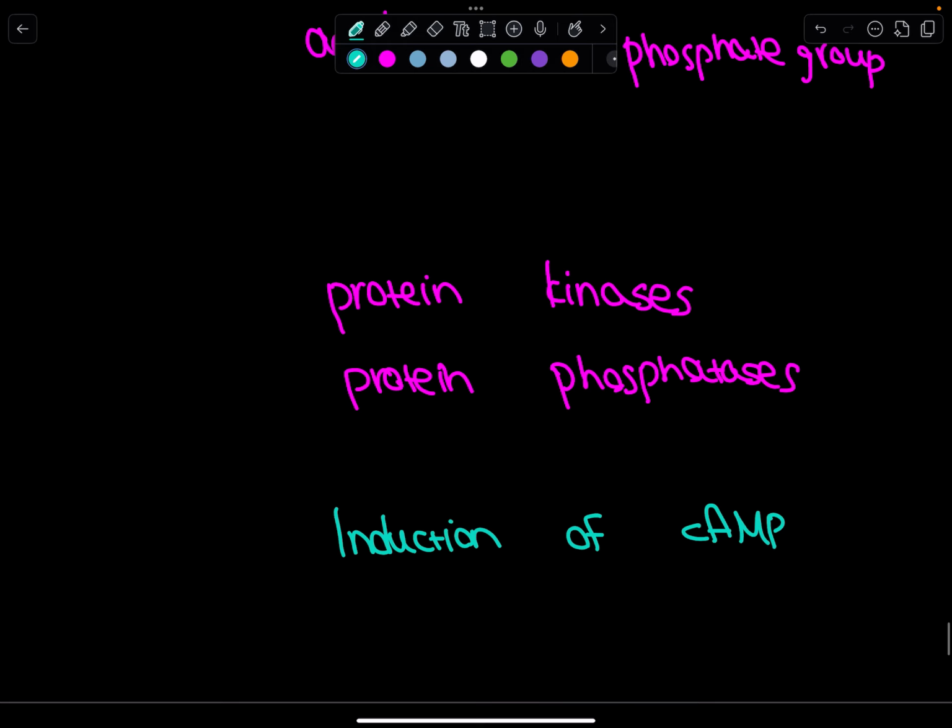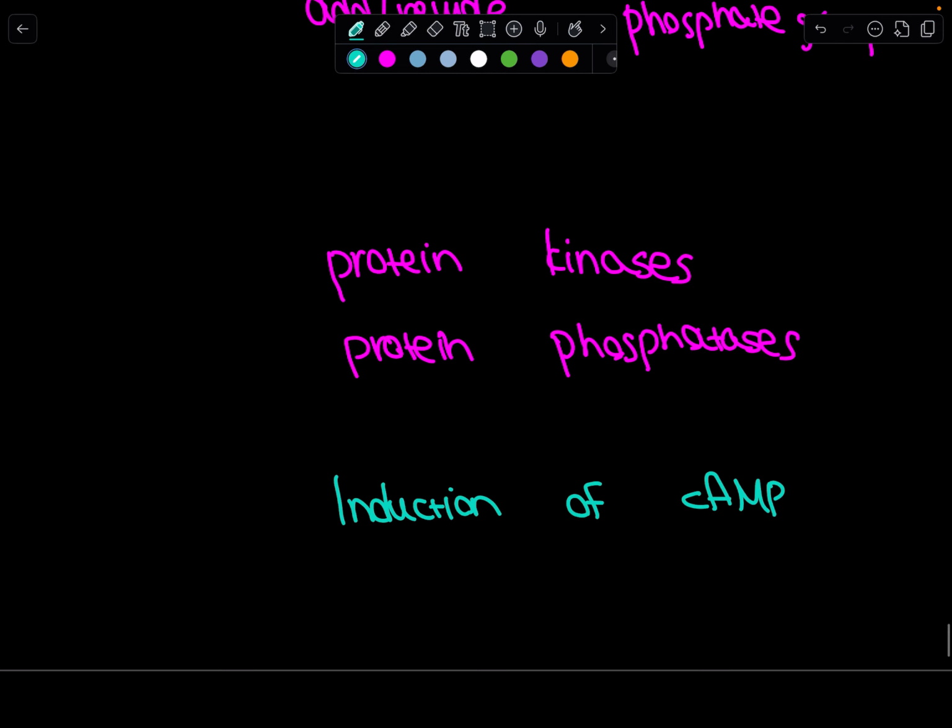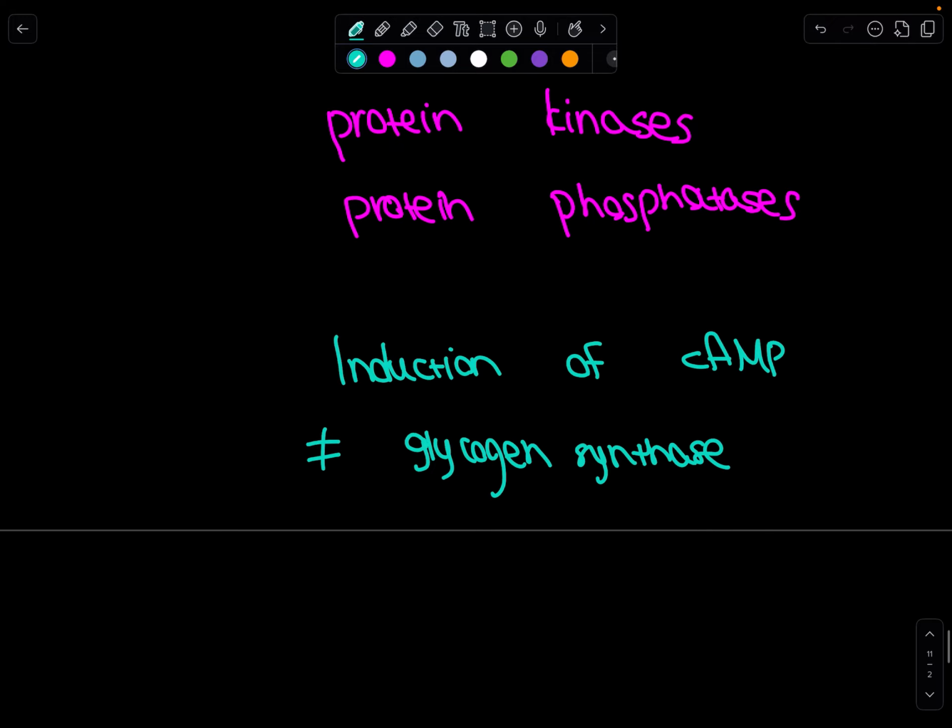Okay, so let's also talk a bit about induction of the cAMP cascade and its opposite effects on glycogen synthase. All right, let's cover the cAMP cascade's role in glycogen metabolism and its opposite effects on glycogen synthase, keeping it tight.